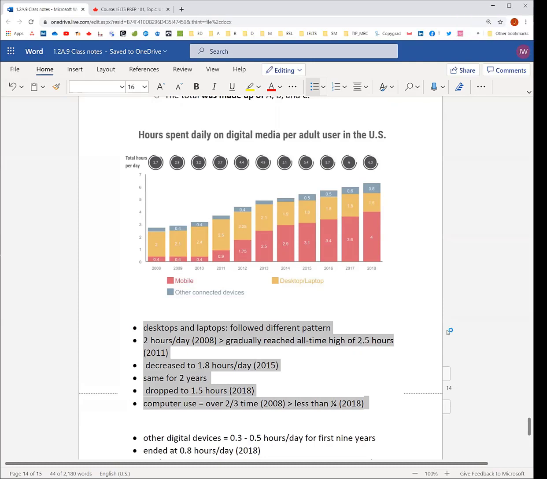Okay. So desktop and laptop, which followed a different pattern. We can say that. Well, it's going to be a fragment. Or if you just say desktops and laptops followed a different pattern, stop.